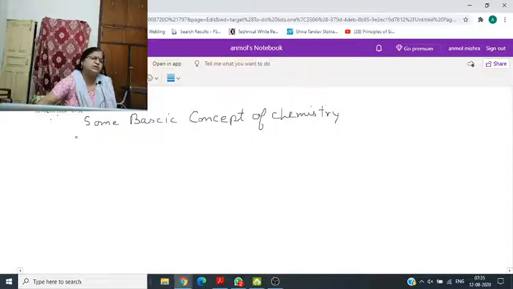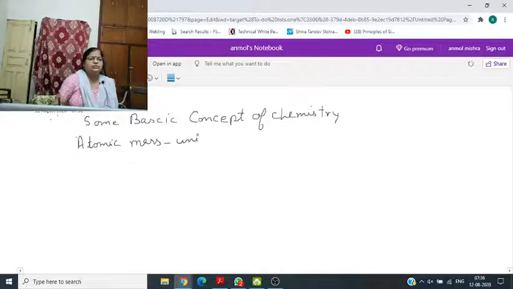taken, earlier it was taken as AMU, that is atomic mass unit. In short you can say AMU.